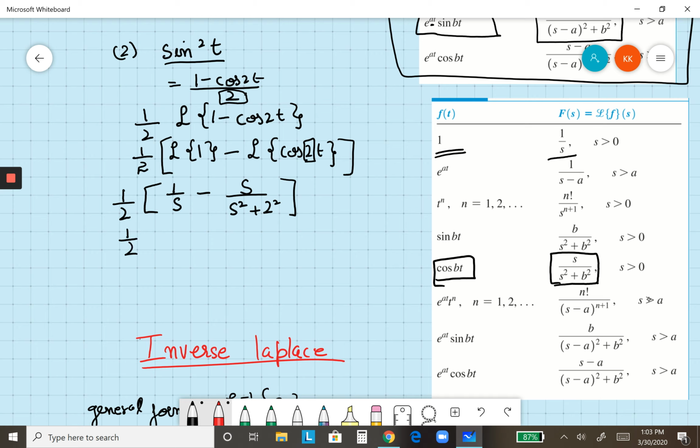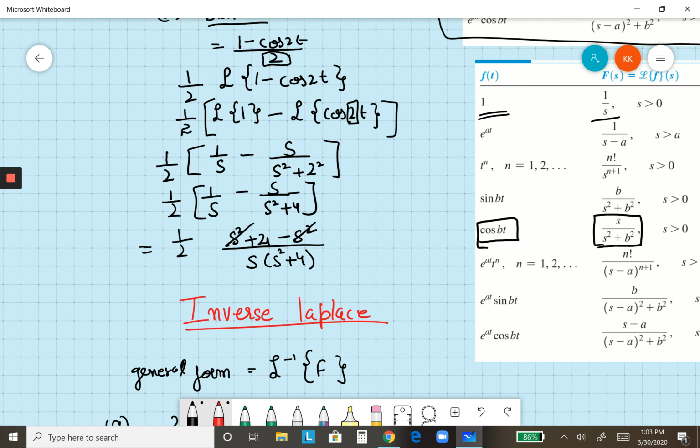So we get 1/2 times 1 over s minus s over s squared plus 4. And we can further solve it to get a common denominator, which is s times s squared plus 4. And we get s squared plus 4 minus s squared, and this cancels out.